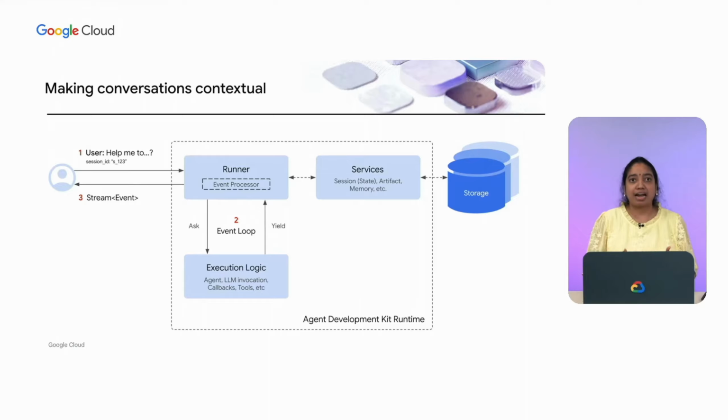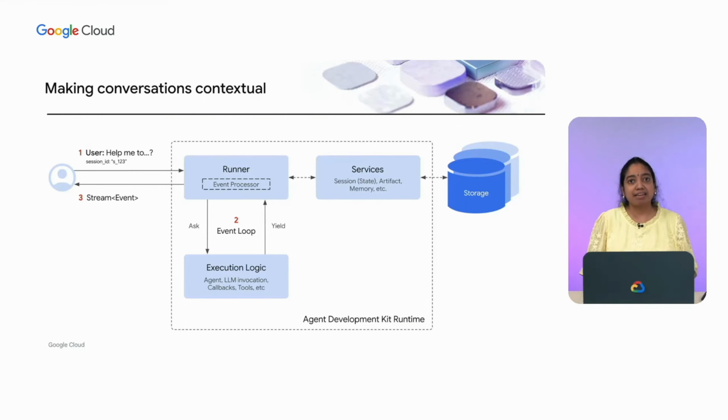request. The runner receives a user query and asks the main agent to start processing. The agent and its associated logic runs until it has something to report, like a response, a request to use a tool, or a state change. Then it emits an event.